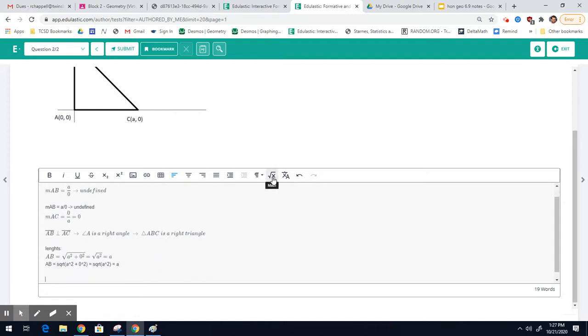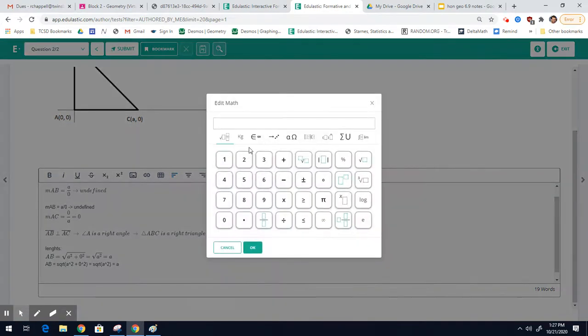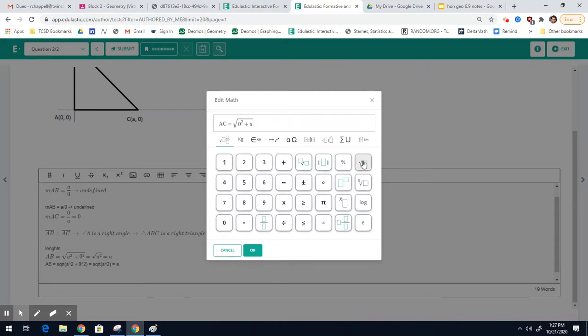Again, I think it's a little bit more murky, but that's just my opinion. All right, so AC equals the square root of 0 squared plus A squared. That is also the square root of A squared, which is just going to give you A.